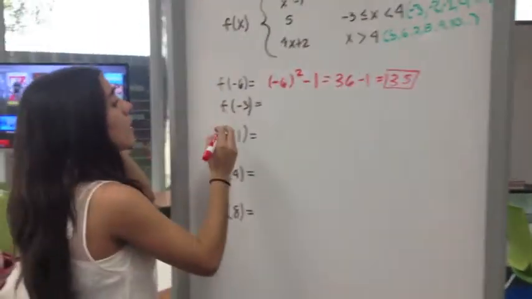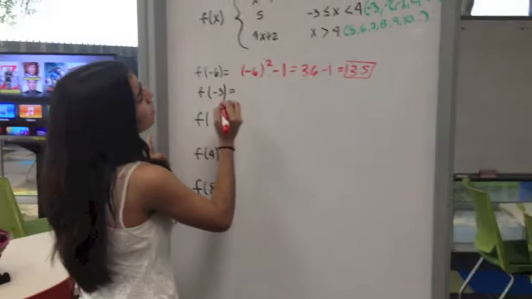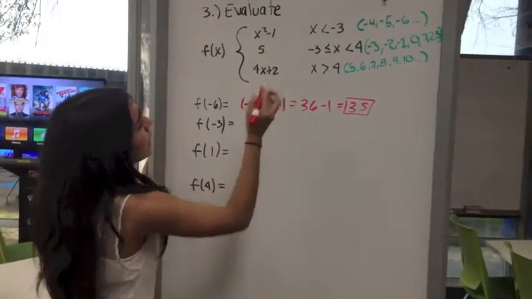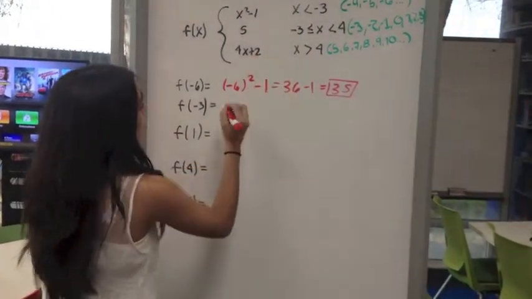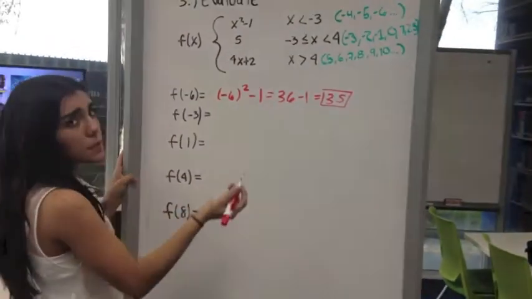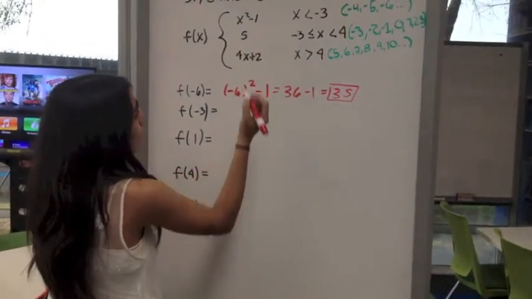On the next one, f of negative 3 is included in the second function, so we don't have to substitute because we don't have an x.